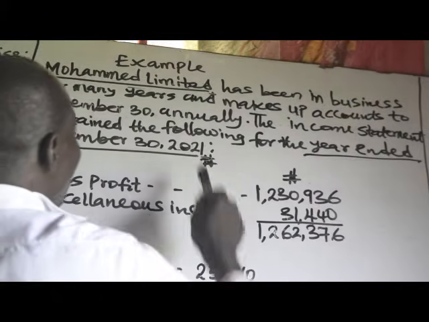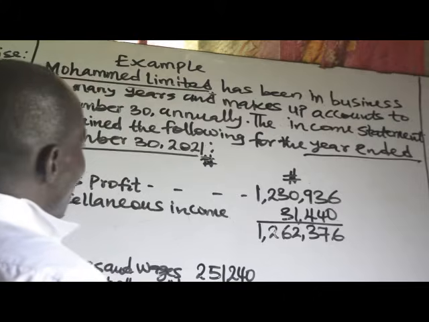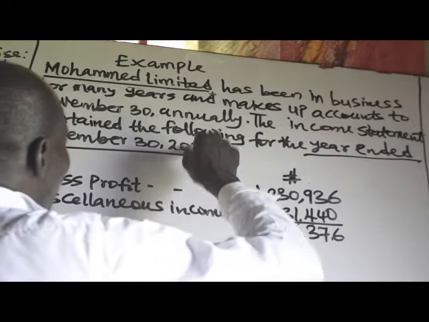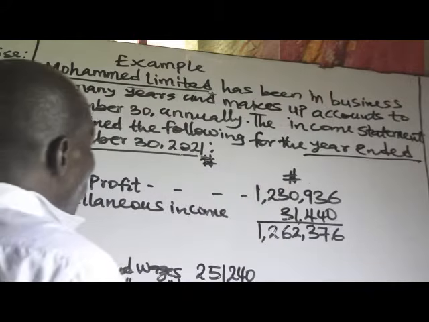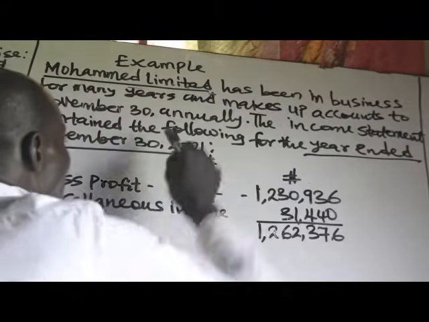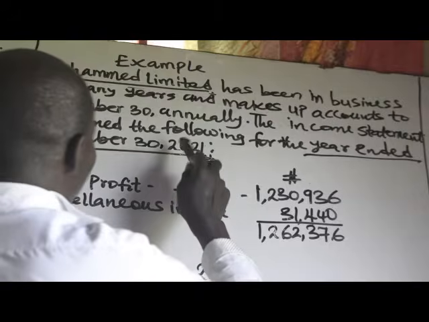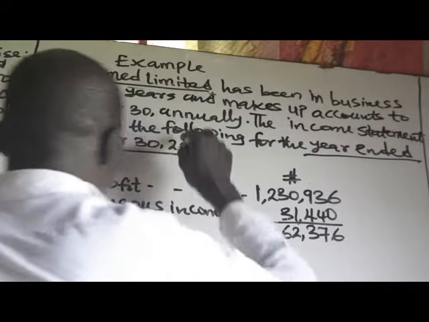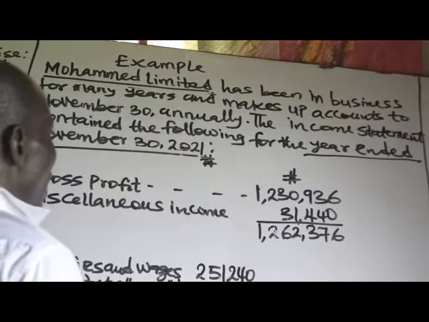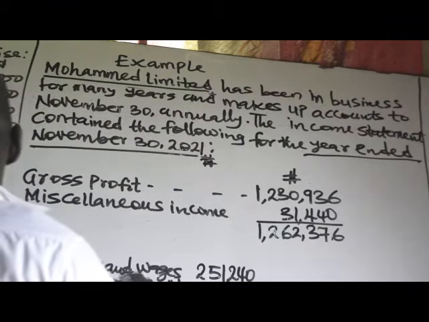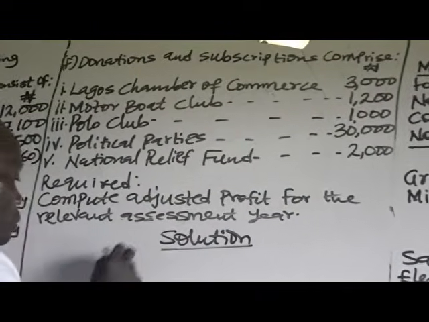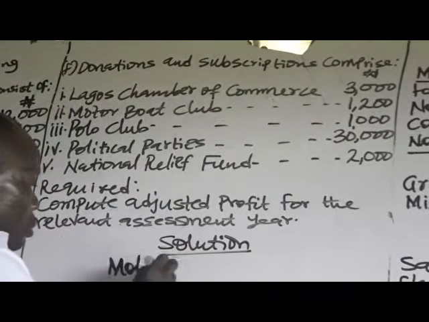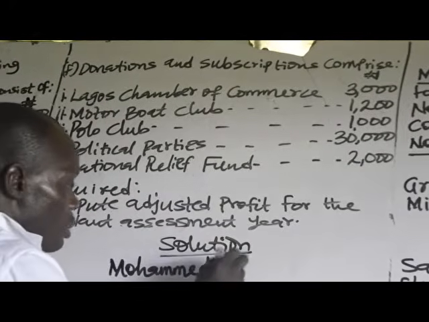Since the accounting year is 2021, the income for 2021 will be assessed in 2022 on preceding year basis, PYB. So the income for 2021 will be assessed in 2022 year of assessment. So you write the name of the entity, Mohammed Limited.